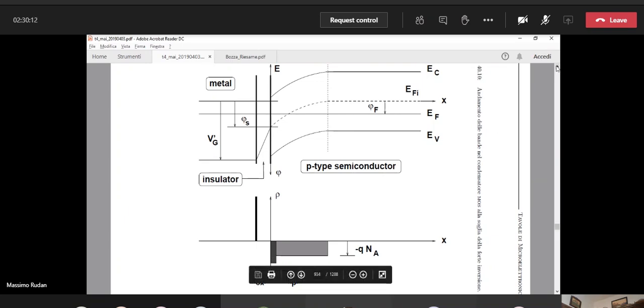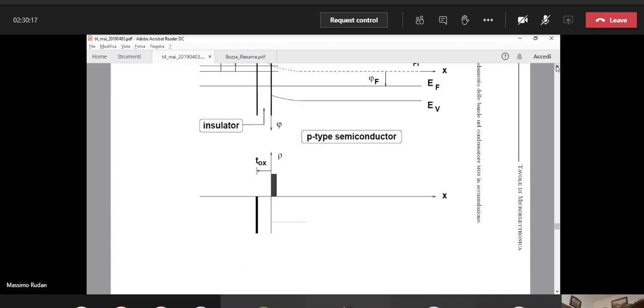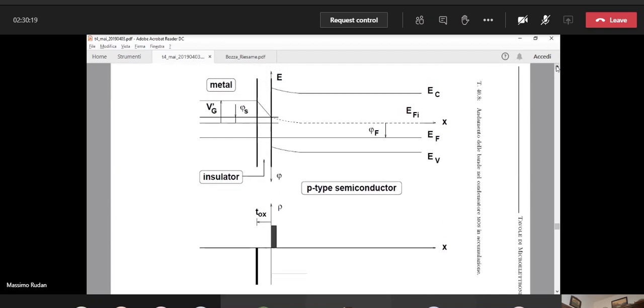when the surface is in the accumulation condition here, this means that essentially the channel of the MOS transistor is blocked, so there is no current through the channel.